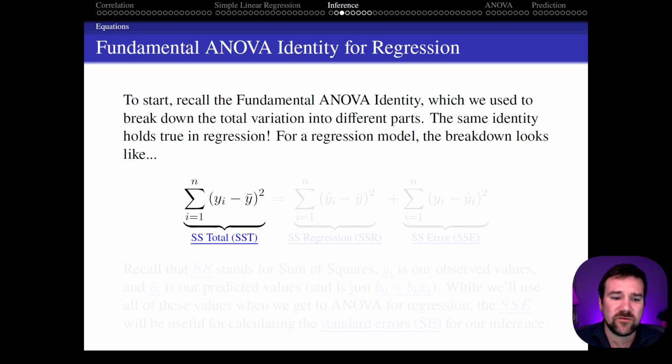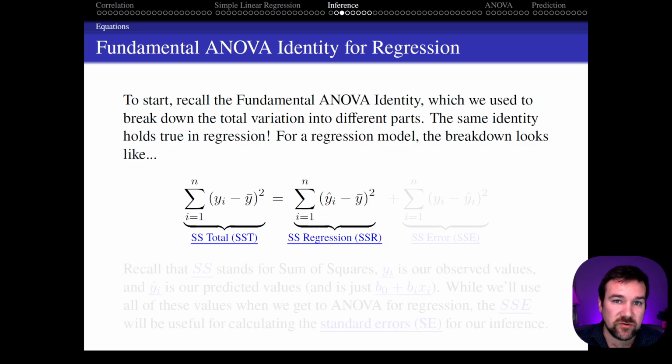So it's going to feel very similar. We're going to have a sum of squares total and a sum of squares error, but the components are a little bit different. So for instance, in the sum of squares total, as opposed to having y sub ij minus y dot dot bar, we have y sub i, each person's data point, minus y bar, the average of all the data points, squared and added up.